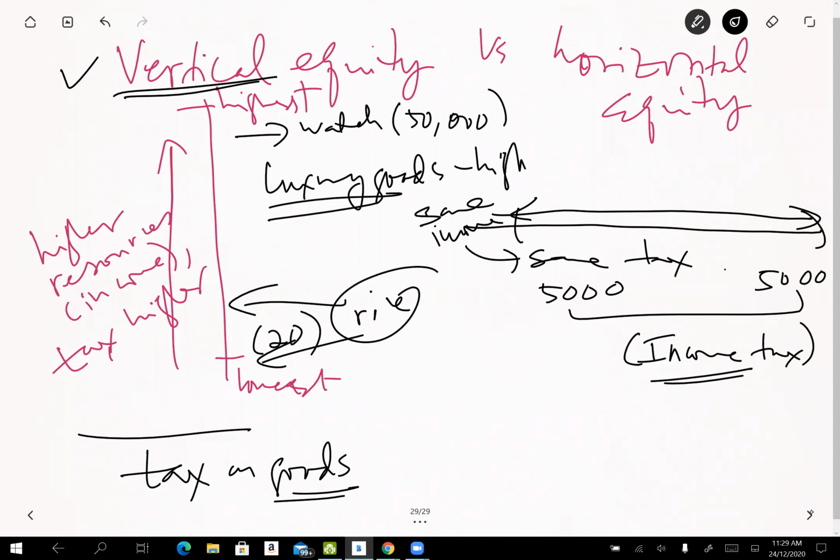Next week, I'm not sure yet. I'm thinking either income tax, deficit, or subsidy, because we have two more weeks starting next week. So maybe I will cover one chapter and a half. Let me think over the weekend.